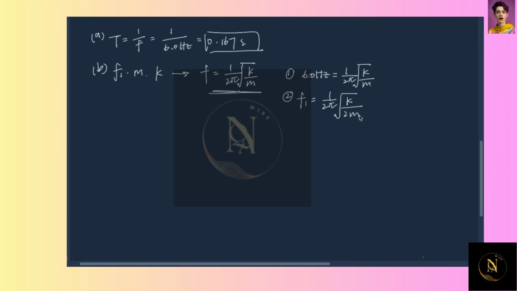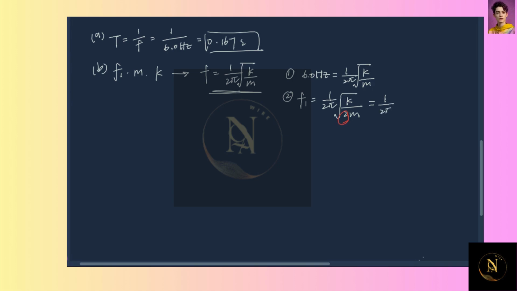So how do we solve this f1? Well, the way to think about it is to see how equation 2 differs from equation 1. So if we can take the 2 out, we should be able to figure it out. So let's do a little bit of alteration of equation 2.